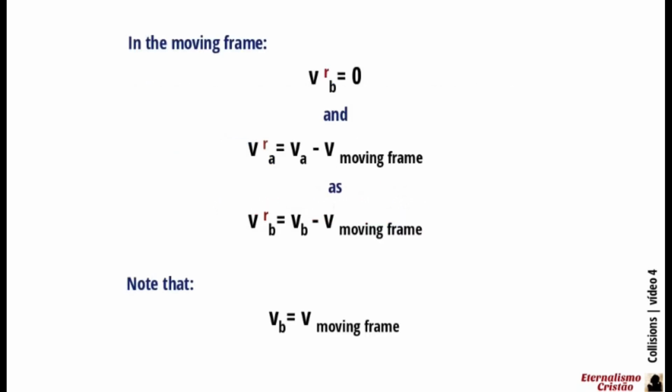To find relative velocities, that is, velocities in the moving reference frame, subtract from the velocities in the absolute frame the velocity of the moving frame.